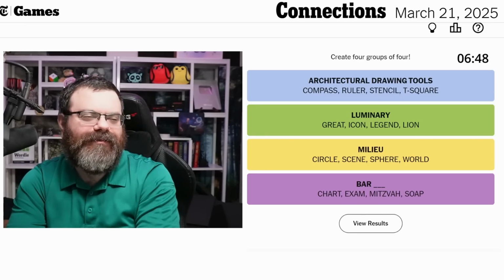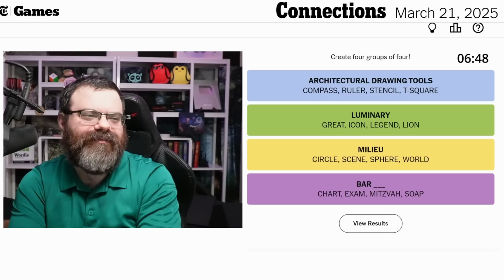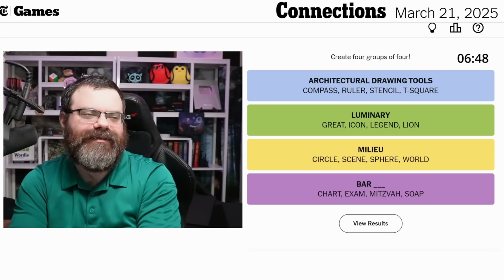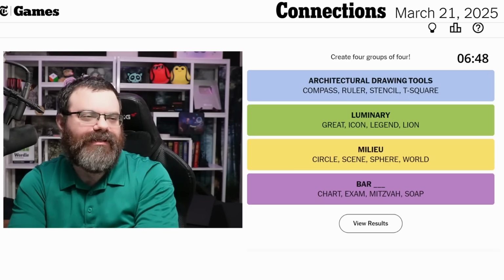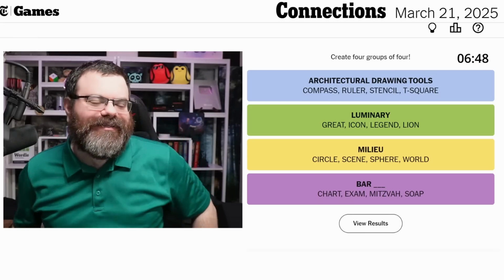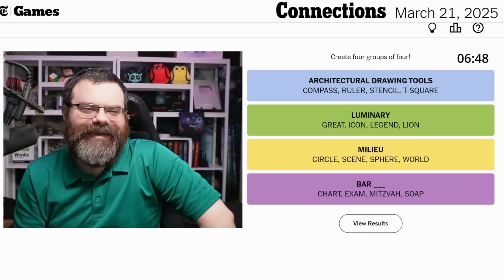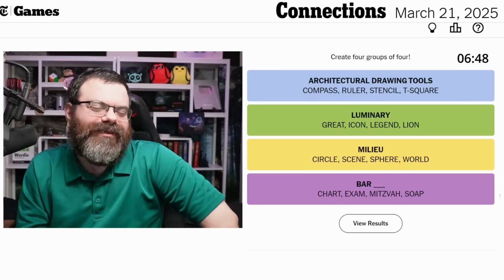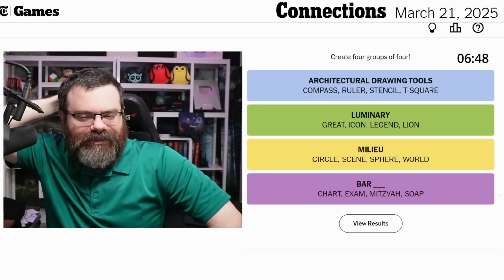I think probably people have an advantage if they don't know what mitzvah means, because the only thing they've heard it in is bar mitzvah, and they immediately get bar done. So I was at a disadvantage because I knew the meaning of the word and for some reason didn't make the connection to bar mitzvah, which, for those who don't know, is a Jewish ceremony.